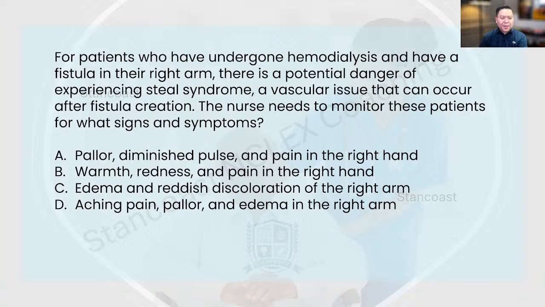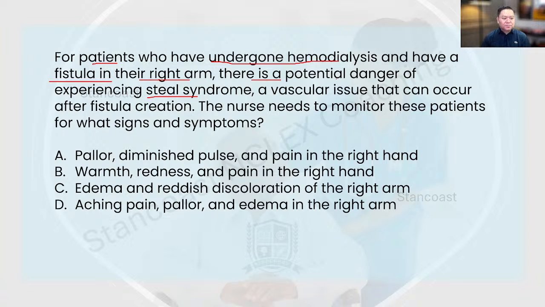We're talking about a patient who has undergone hemodialysis and has a fistula in the right arm. There is a potential danger of arterial steal syndrome. This is a vascular problem that can occur in a patient with a fistula, right? So what is the assessment that you need to monitor for this patient that may have arterial steal syndrome?